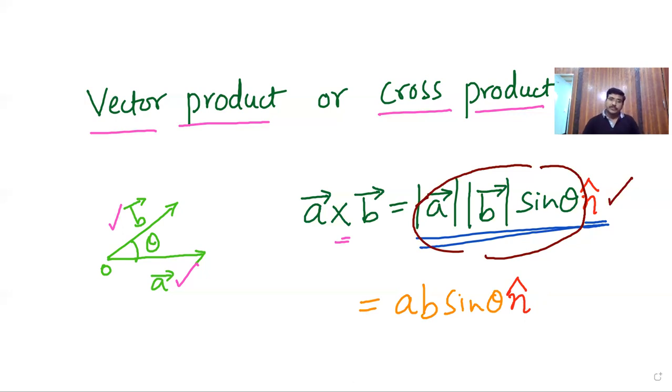Clear? No. Observe. When you want to take up the cross product, let us say this is A bar, this is B bar, two vectors, and this is the angle between them, theta.